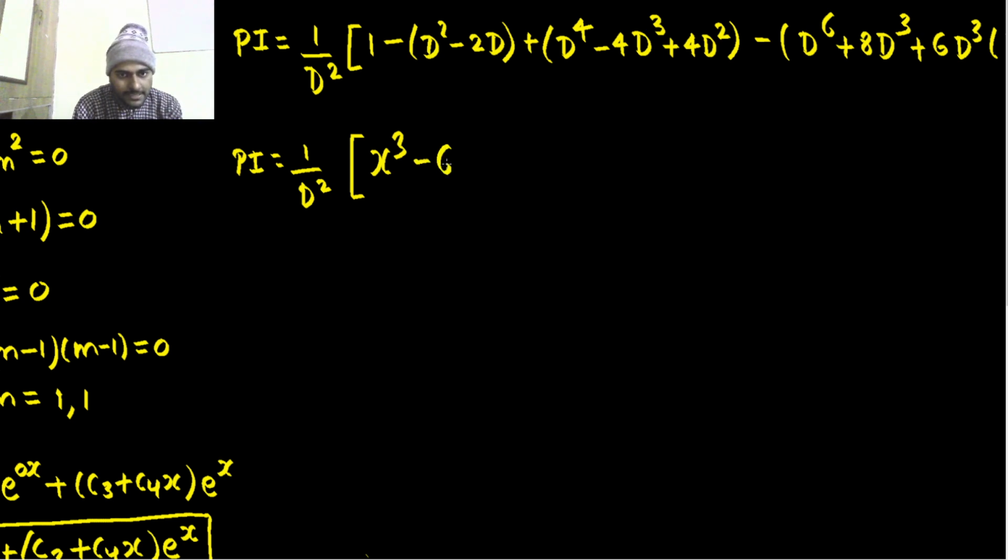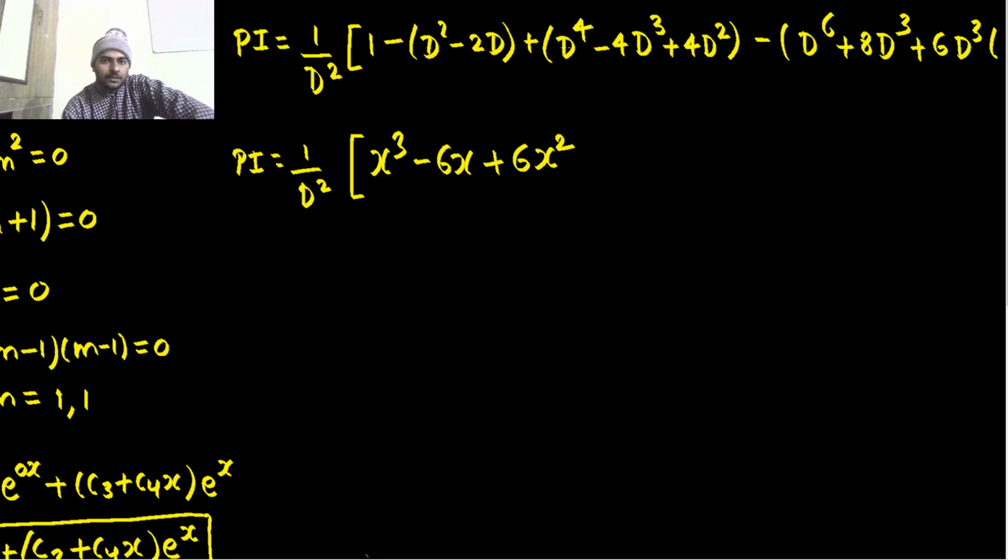So you'll get minus 6x here. Again, minus minus plus, so 2 times D. D means first derivative, so 2 times 3x square, so 6x square.